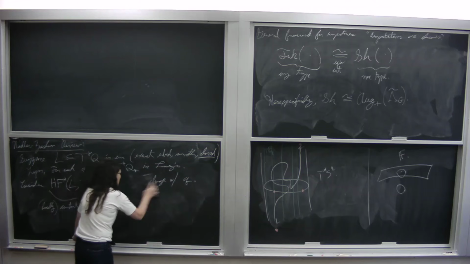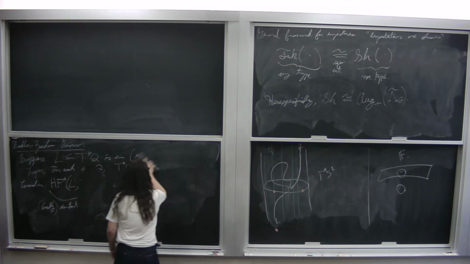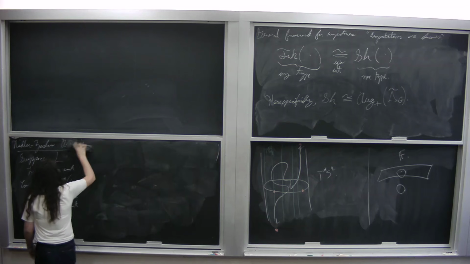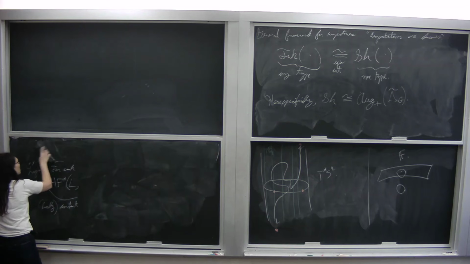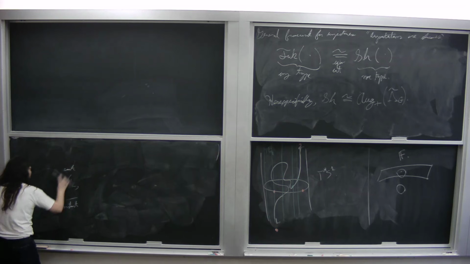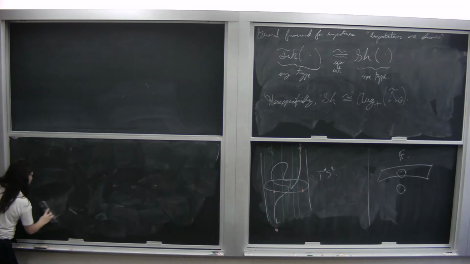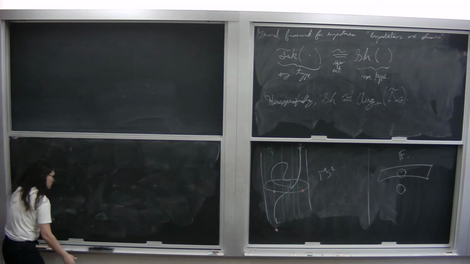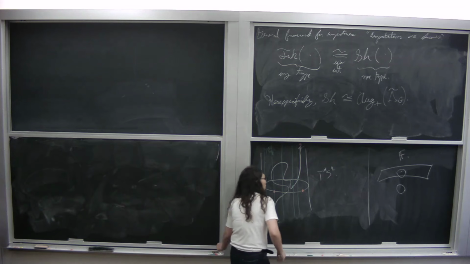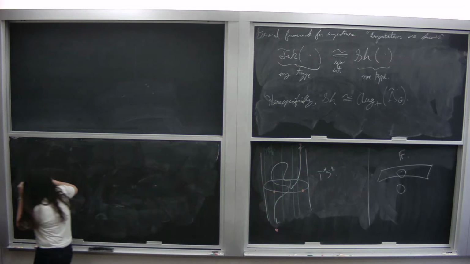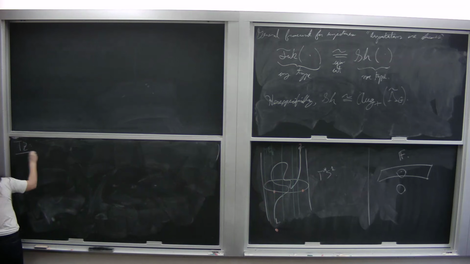There's an immediate application to symplectic geometry. So this is going back to Treumann-Zaslow.